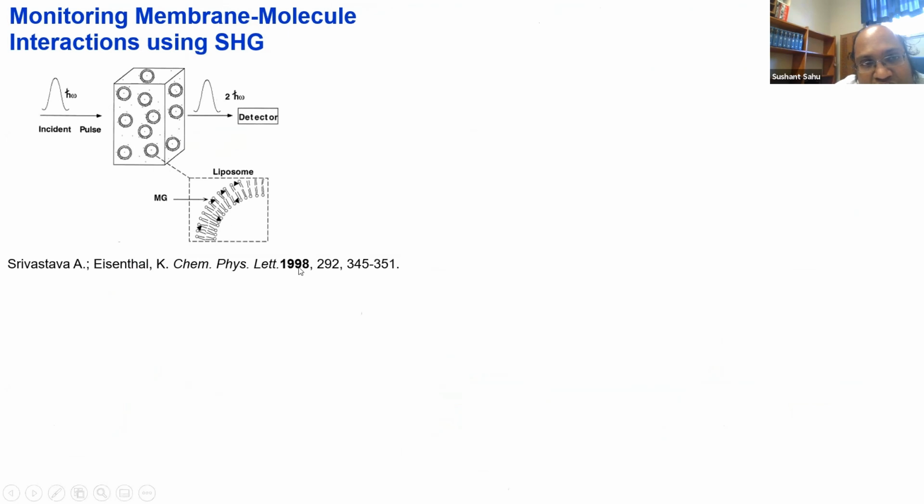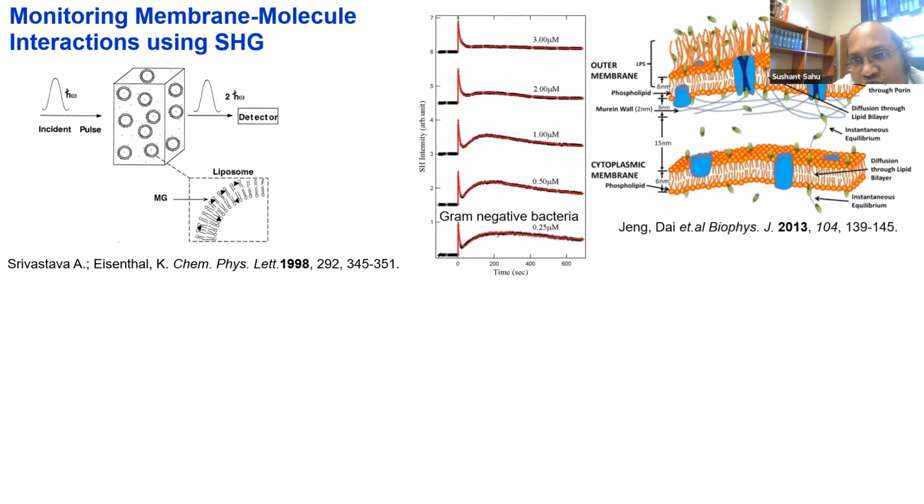In the late 1990s, using synthetic liposomes, he showed that due to the adsorption of these malachite green dyes, you get a second harmonic scattering signal, because of the coherent summation of the electric fields from individual oscillating dipoles, right? They get adsorbed, you have ordering, and you see an enhanced SHG response.